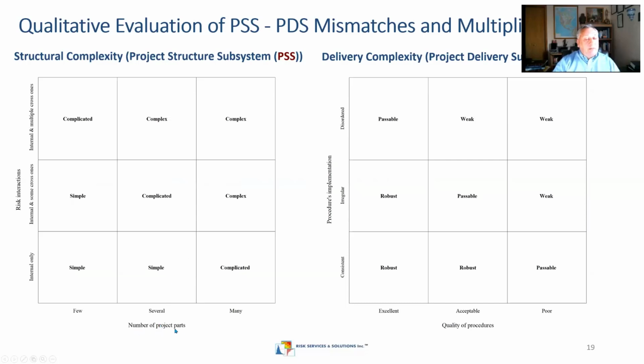There are a number of risk interactions, and we have complex projects, complicated projects, and simple projects, according to the previous discussion. On the other hand, the project delivery subsystem, PDS, has parameters like quality of procedures and procedure implementation. So we also have three situations when this PDS is weak, passable or acceptable, or quite robust.